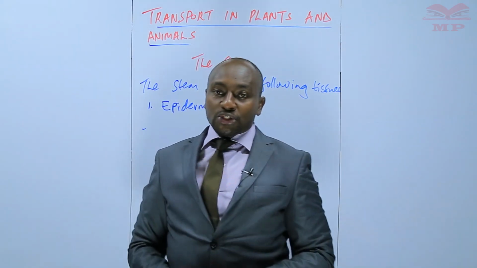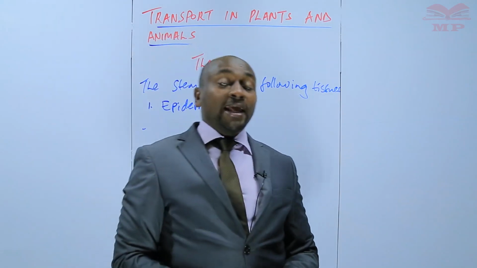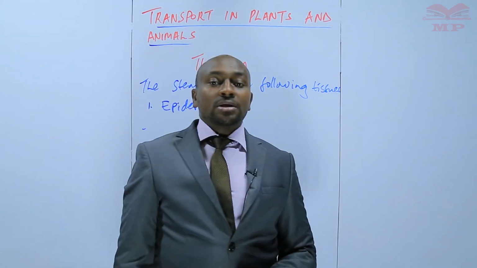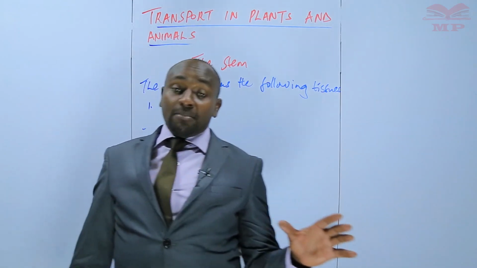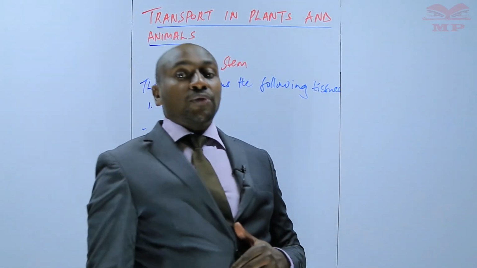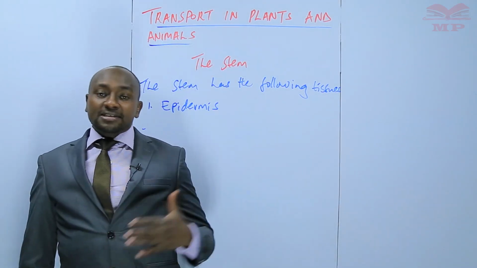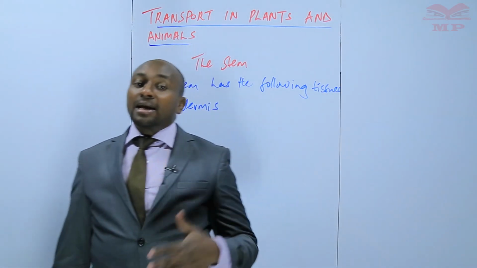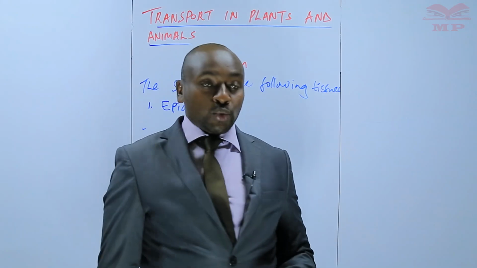It's made of a single layer of cells that protect the inner tissues from mechanical damage or physical damage. Also prevents excessive loss of water through transpiration and other processes, and so on and so forth.